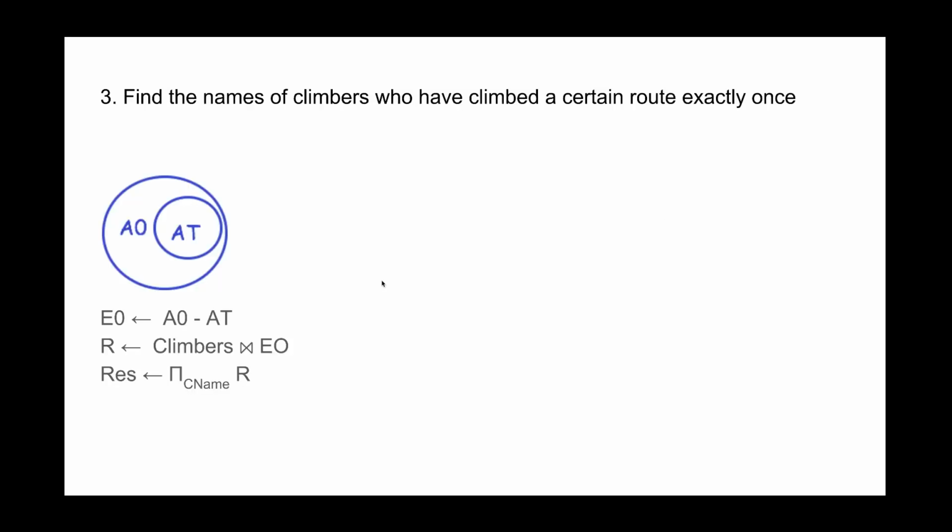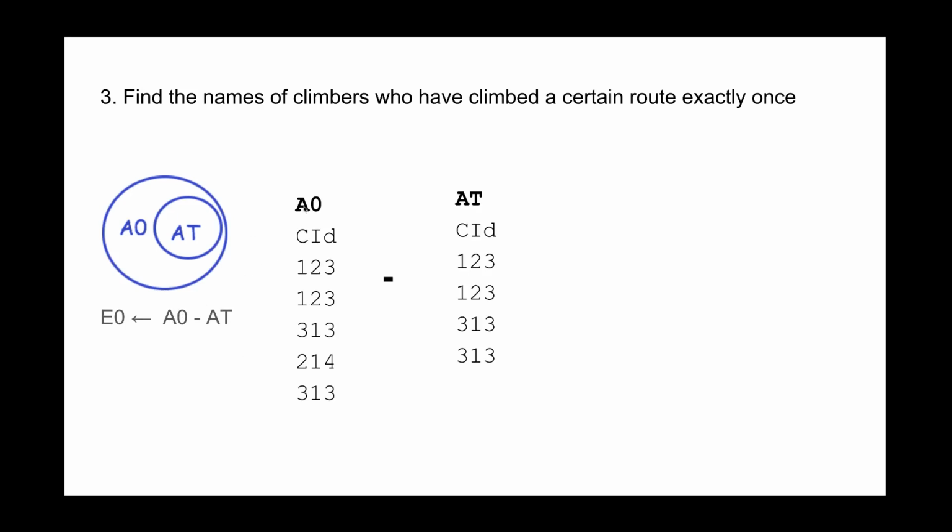Okay, let's see how to find the names of the ones that have climbed a certain route exactly once. Remember this diagram, we are going to do this operation, A0 minus A0. This is A0, this is A0, and the minus is used to pick one from here and remove it from here.